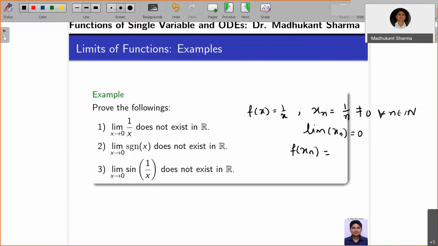It is equal to 1 by xn, that is going to be n. And you know that the sequence f of xn, that is the sequence n, meaning 1, 2, 3, 4, diverges, does not converge in R. So this certainly implies that the limit as x tends to 0 of 1 by x does not exist in R.